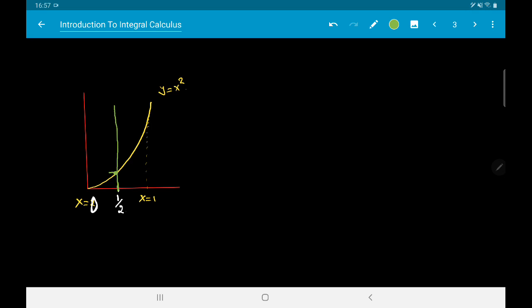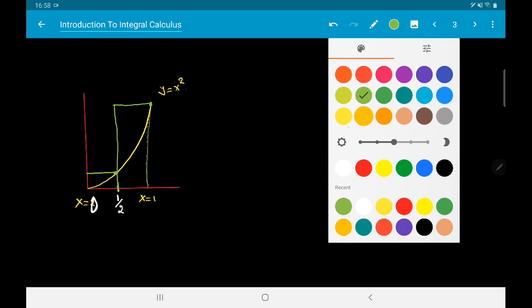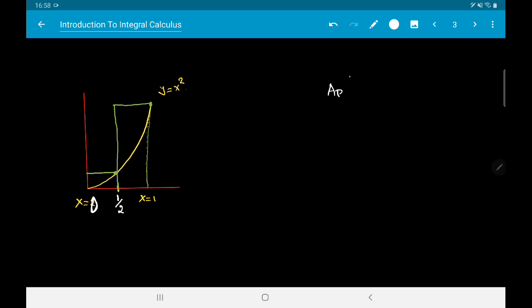Draw a line which is parallel to x-axis towards the left hand side. Similarly, we take the highest point on the second region and draw a line which is parallel to x-axis. So this gives us a network of two rectangles.